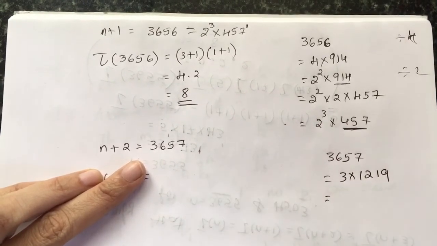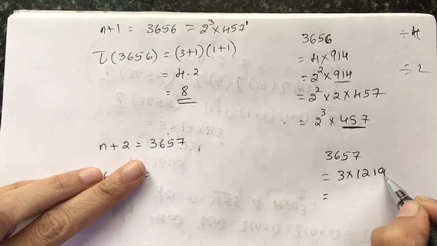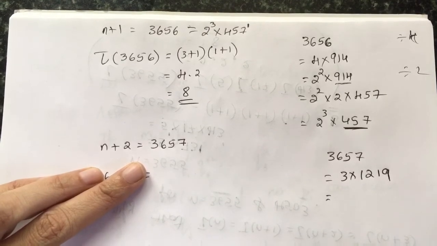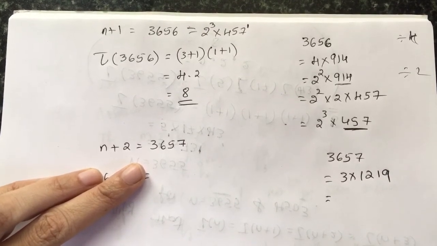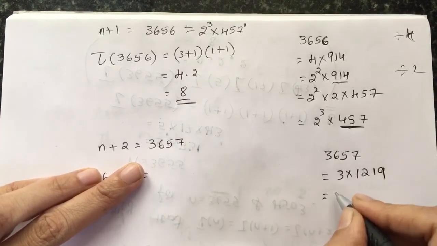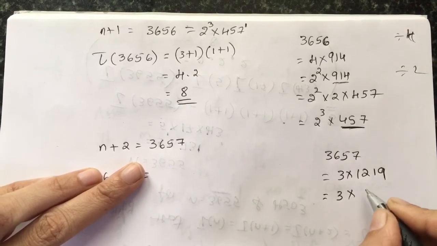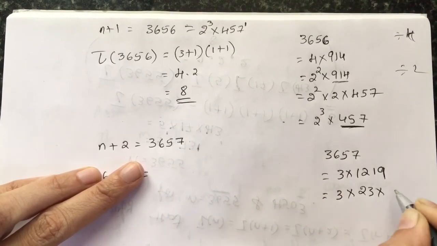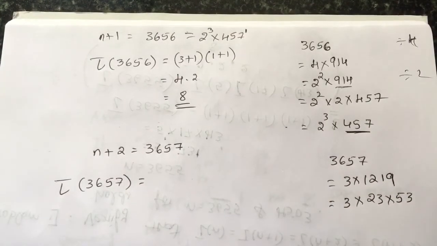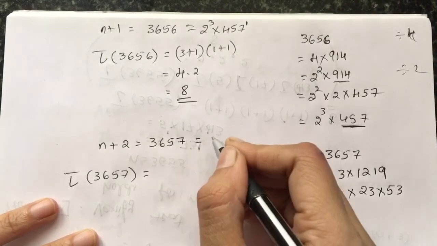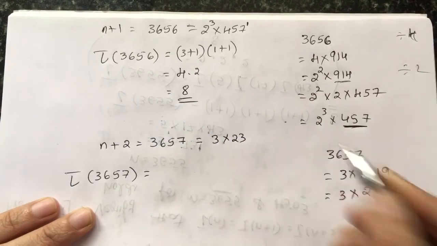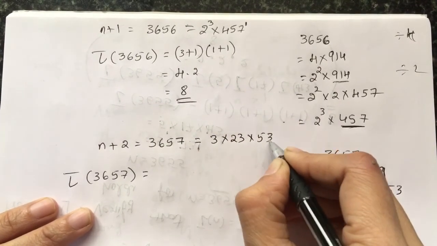Then again this is ending with 9, so it should be a multiple of 9 or 3. Okay, yeah, it can be written as 23 into 53. So I'll just rewrite this as 3 into 23 into 53.